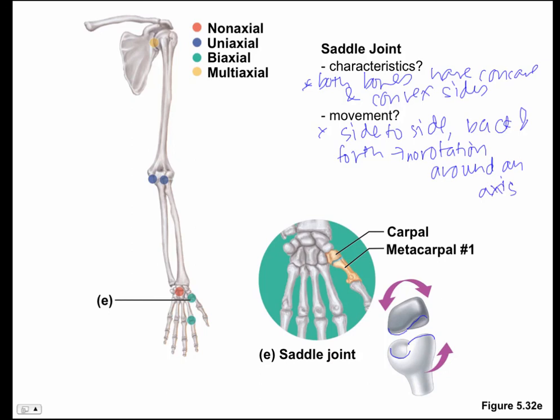And an example of this is the thumb. And so this is the distal end of the carpal, and this is the proximal end of the first metacarpal. I want you to get your thumb, give a good thumbs up really quick, push it forward, push it back, side to side, and there you go.